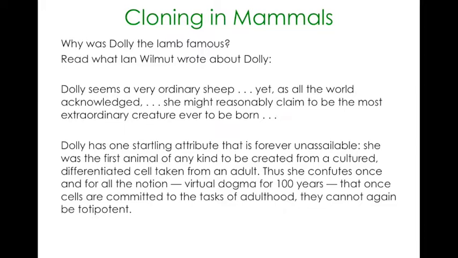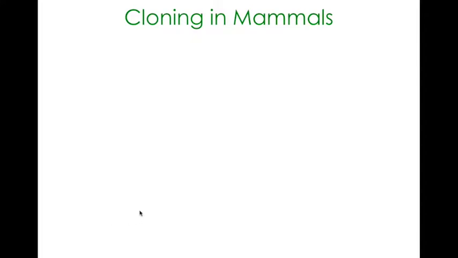Thus, she confutes once and for all the notion, virtual dogma for 100 years, that once cells are committed to the task of adulthood, they cannot be totipotent again." And so that's a bit of a breakthrough, because the idea that a cell can be totipotent once more was proven by Dolly the sheep.